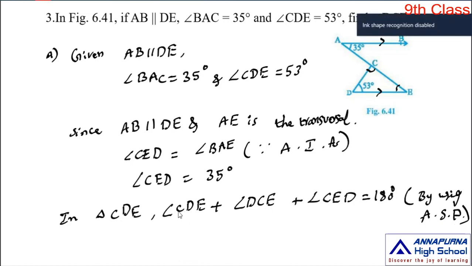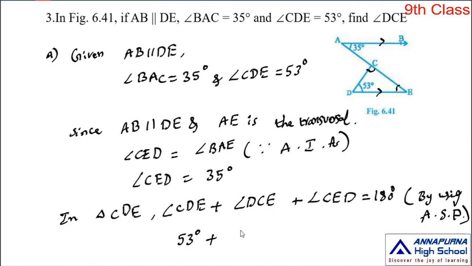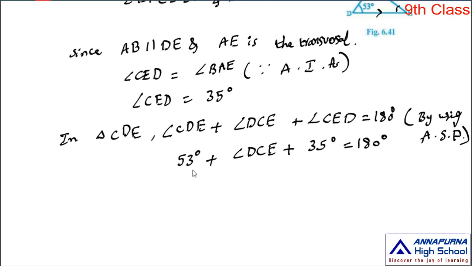Substitute angle CDE is equal to 53 degrees, given. Angle 53 degrees plus angle DCE plus angle CED is equal to 35 degrees is equal to 180 degrees. We added 53 degrees and 35 degrees, we get 88 degrees plus angle DCE is equal to 180 degrees.